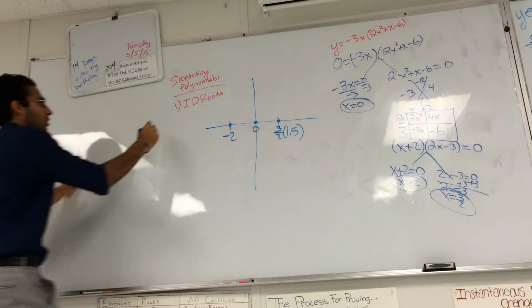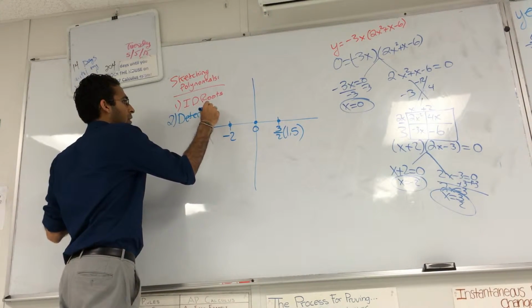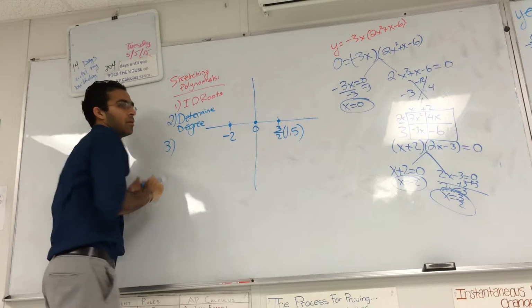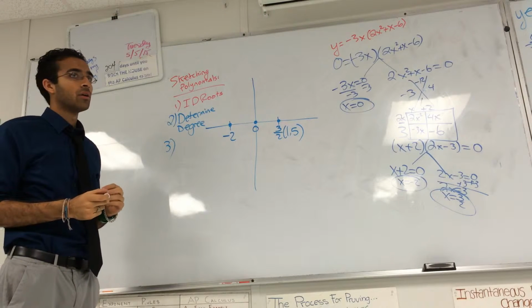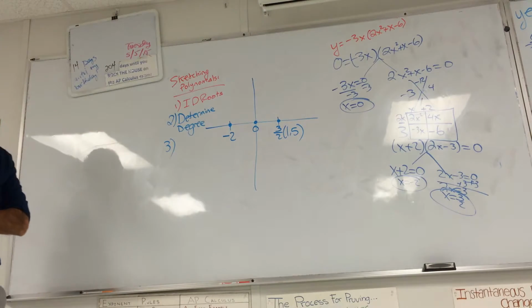Step 2, determine the degree. Daniel? Odd. Well, once you distribute, it's going to be negative 6x cubed.